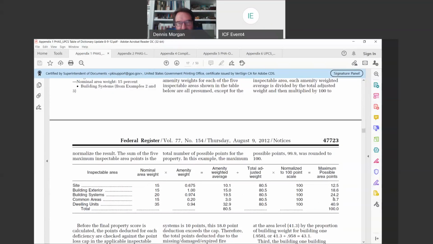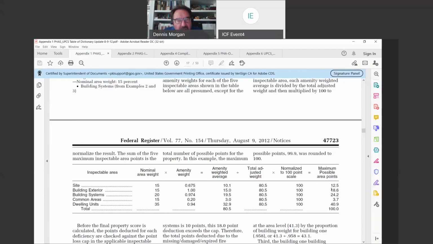So for this property, site is worth 12.5, building exterior 18.6, building systems 24.2, common areas 3.7, and dwelling units 40.9. They took points from the site and the common areas and redistributed those points to the building exterior, building systems, and dwelling units.